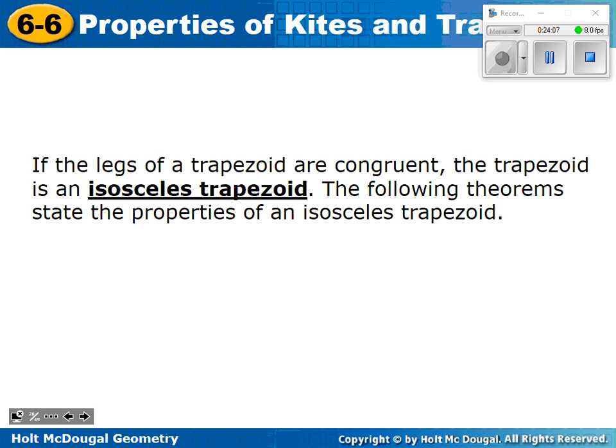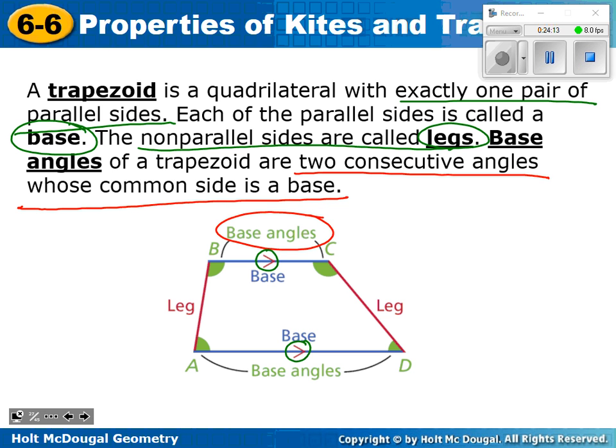Okay, that is the only property that we're going to write down here, but I do want to point out something about every trapezoid. If it has a pair of parallel sides, then what do we know about this leg if we think about it as a transversal? What's going to be true about angles A and B? They're going to be supplementary. What about angles C and D? Supplementary. Okay?